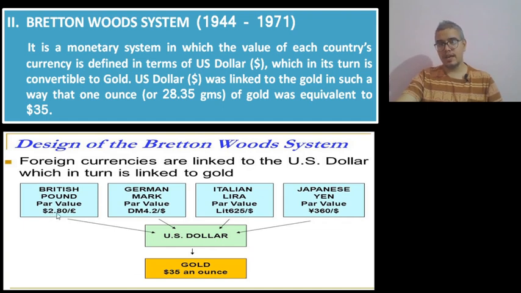At that time, the value of the pound was worth $2.80. The German mark was such that 4.2 marks were equivalent to $1, 625 Italian lira were equal to $1, and 360 Japanese yen were equal to $1. So in this way, all these currencies were converted to US dollar, and the US dollar solely was convertible to gold, and we see here the price was $35 an ounce.